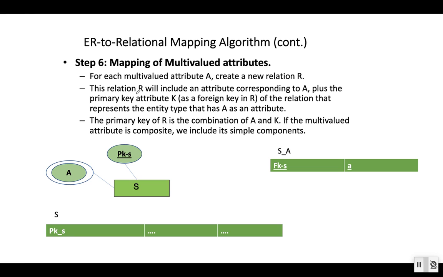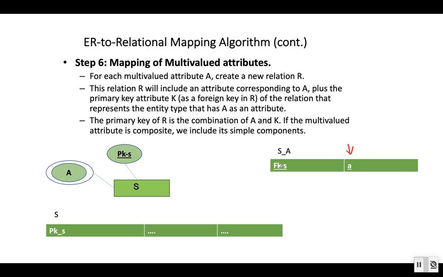This relation R will include an attribute corresponding to A, plus the primary key attribute K of the relation that represents the entity type that has A as an attribute. So in this relation, we include an attribute A with the same domain as the multivalued attribute, and we include a foreign key which will reference the primary key of the relation S.